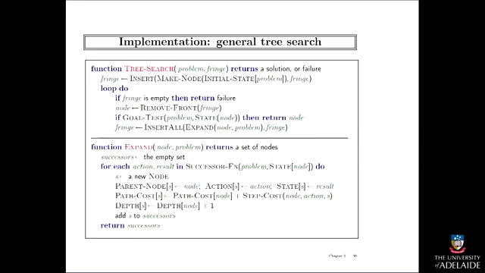So that's like expanding the very first node. Then we just have this infinite loop that will loop until we hit one of these returns, of course. If the fringe is empty, that means that we haven't reached the goal, but there's nothing further to do. So this must indicate failure, so we'll return failure. Otherwise, we're going to take one of the nodes out of the fringe via this remove front function, and that will become the current node.